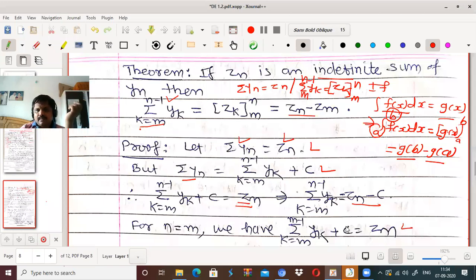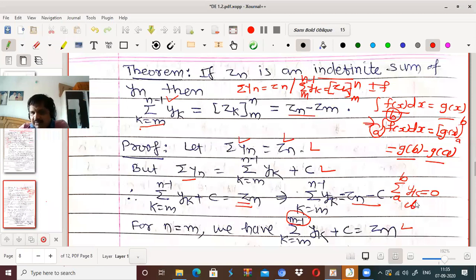Now we know that there is a summation convention. If upper limit is less than lower limit, then the definite sum of yk, whatever yk is, is always equal to 0. For example, summation of yk from a to b is 0 if b is less than a.